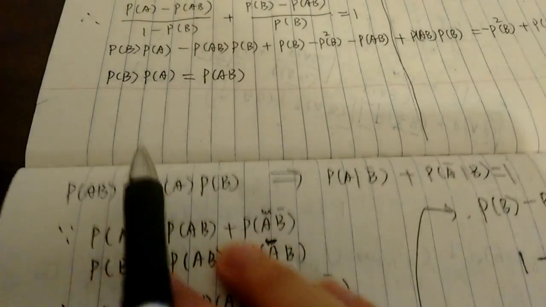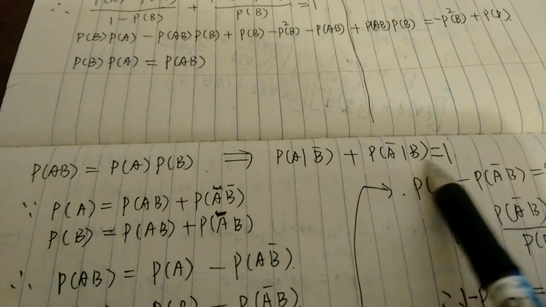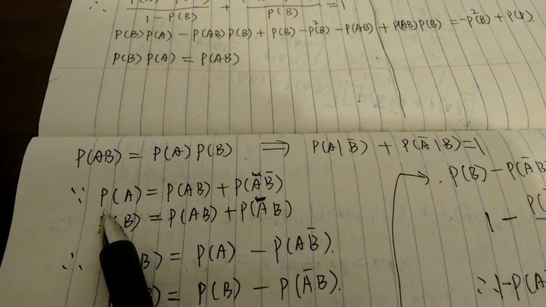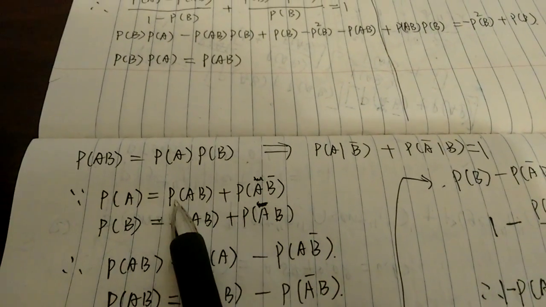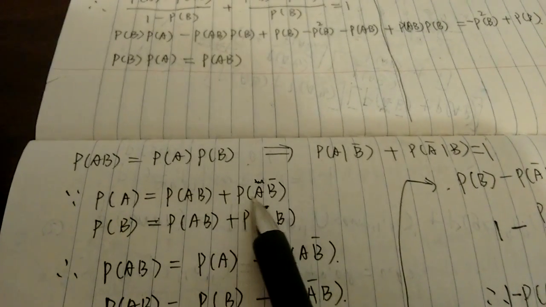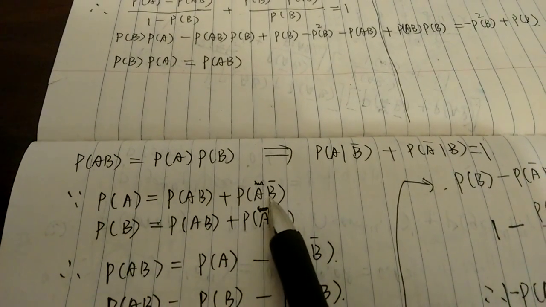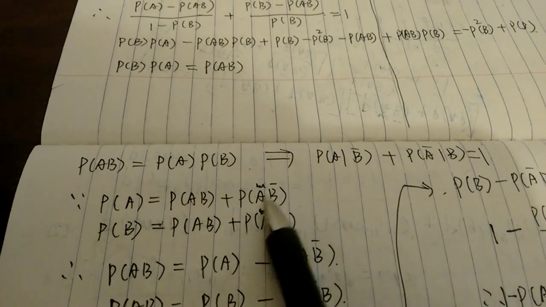And the next part is we need to prove this. Probability A equals probability AB plus probability AB complement.